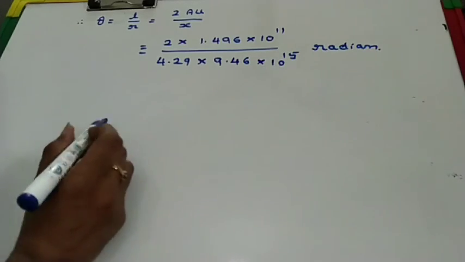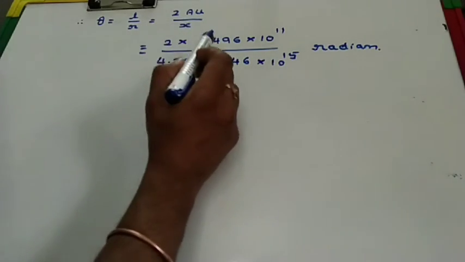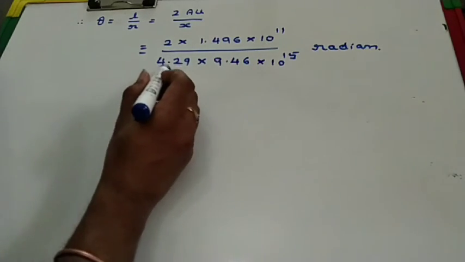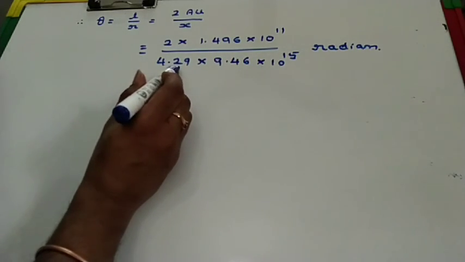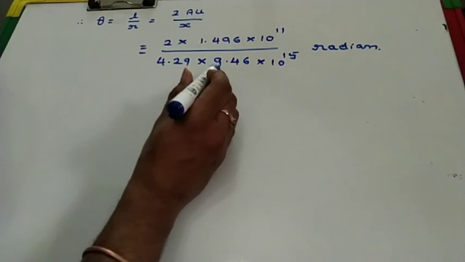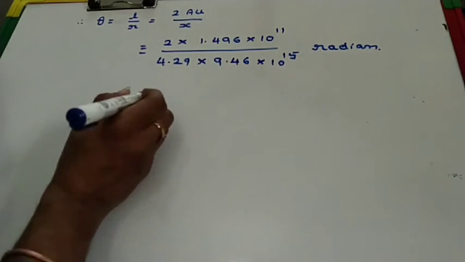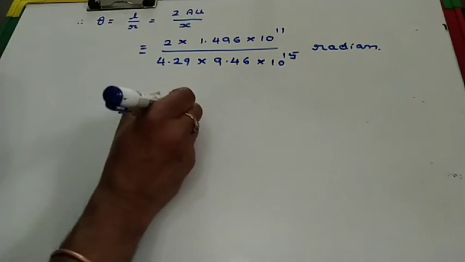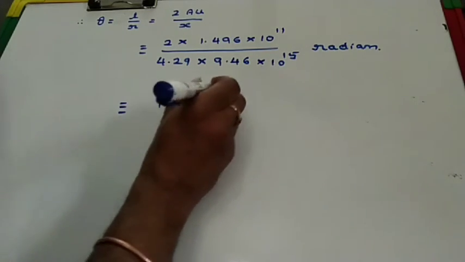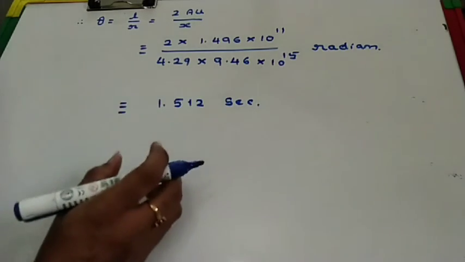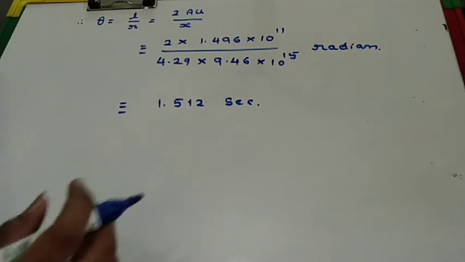So once again, 2 into AU is 1.496 into 10 to the power of 11 whole by X, X is 4.29 into 9.46 into 10 to the power of 15. So what is the value? That is 1.512 second. Okay, so like that we have to solve the numerical.